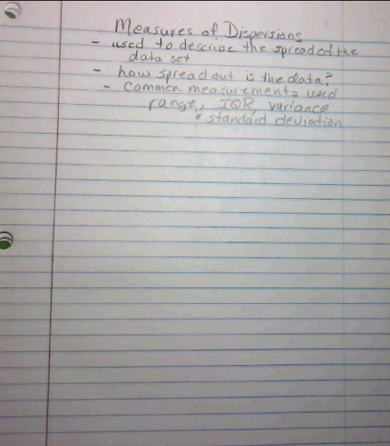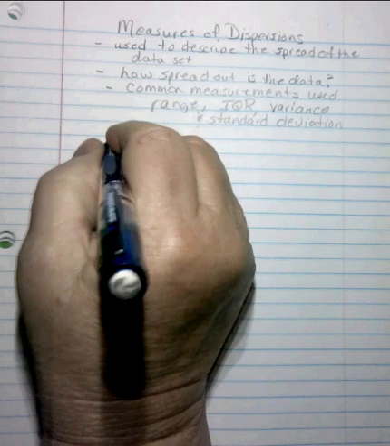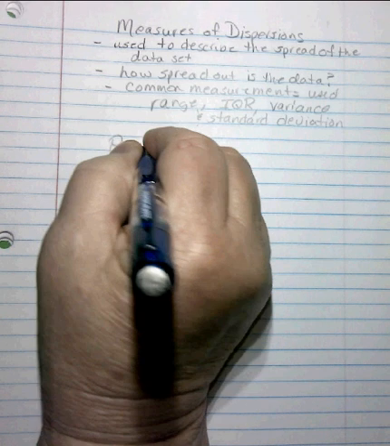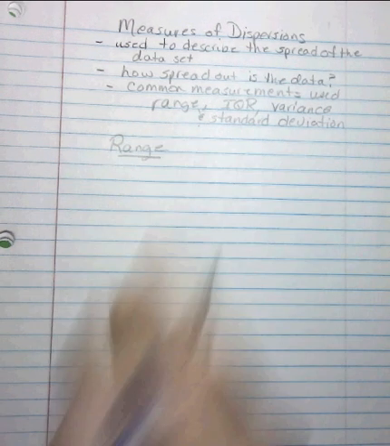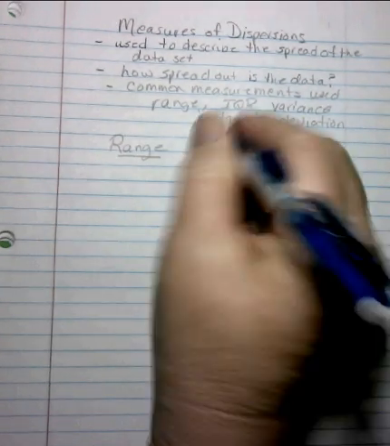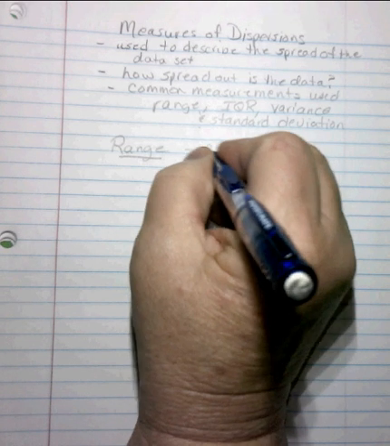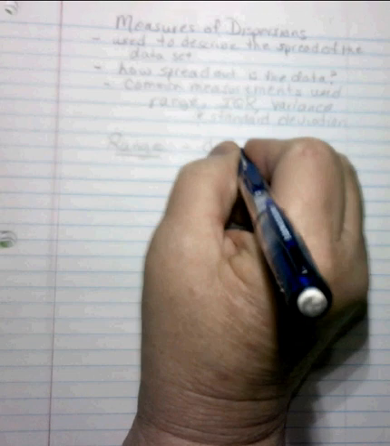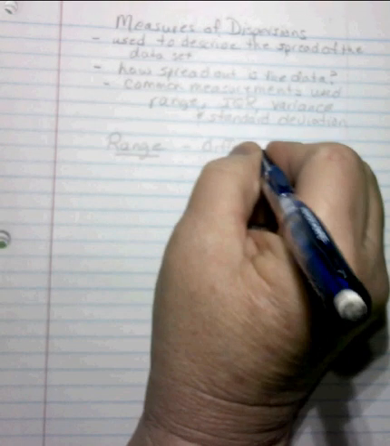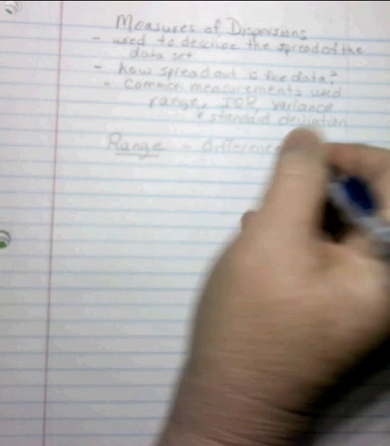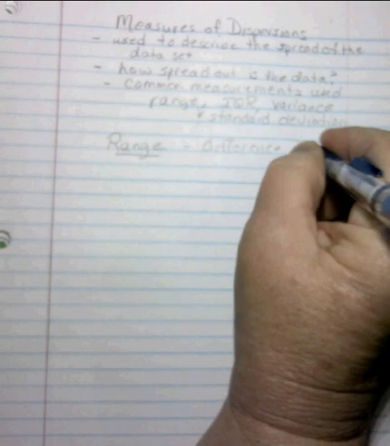We're going to talk about one of the simpler ones, range, first of all. When we talk about range, this is simply the difference between the highest and the lowest value. Difference, of course, means that you are subtracting them.